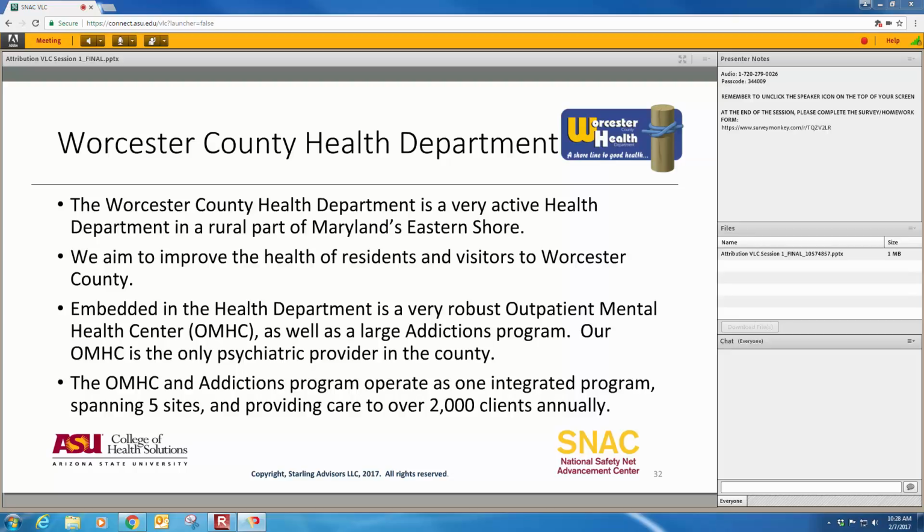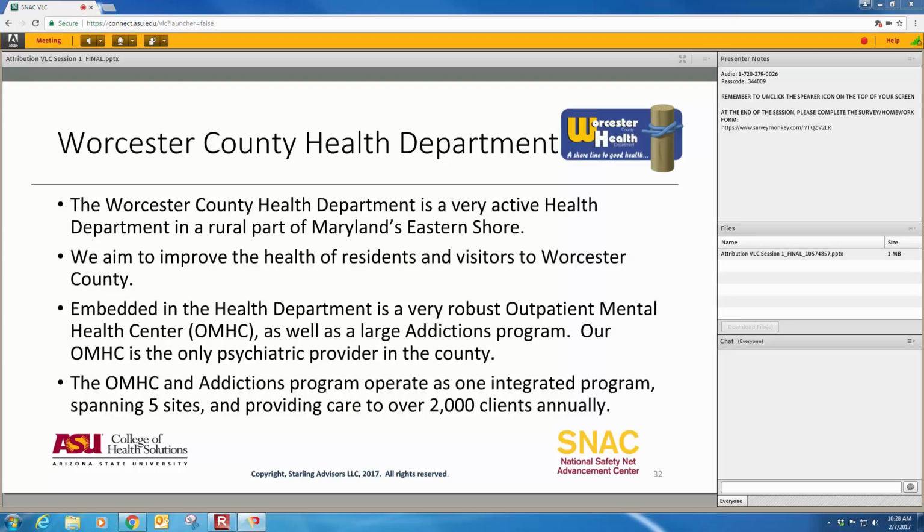Yes, we're here. Great. The Worcester County Health Department, we've been around a while. We have a very robust behavioral health program, and that's primarily what we're representing here. We have a very active school-based mental health program. We've been in all the public schools in the county for, I think, about 25 years now.